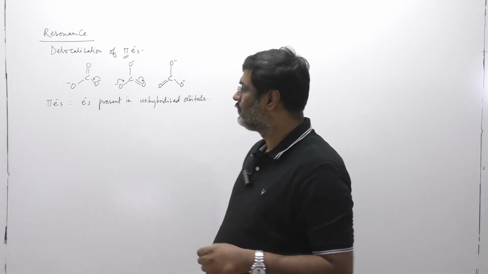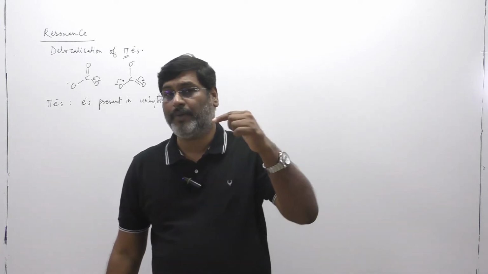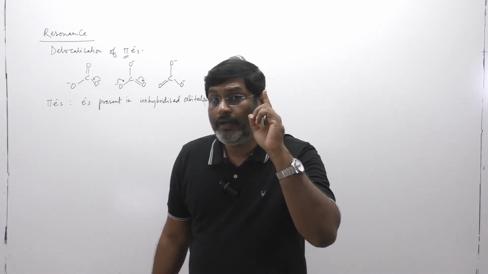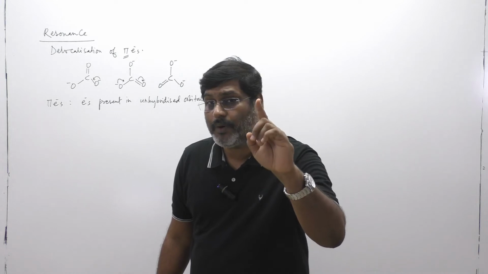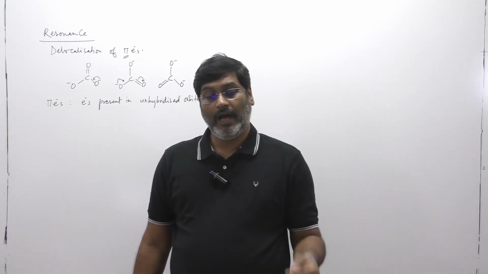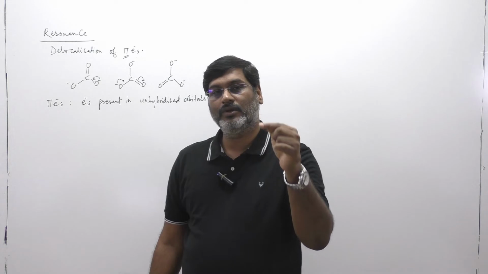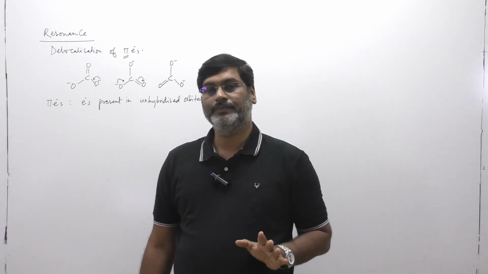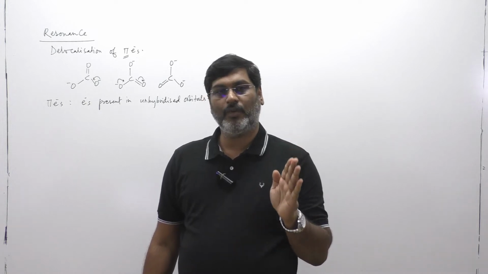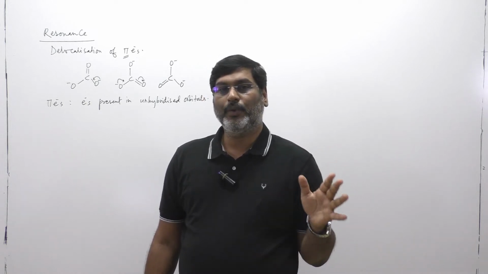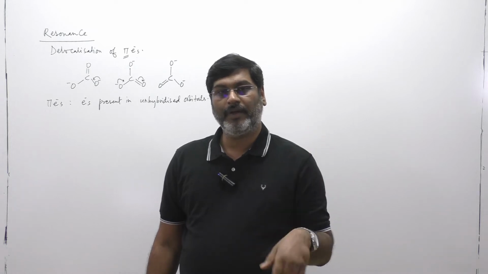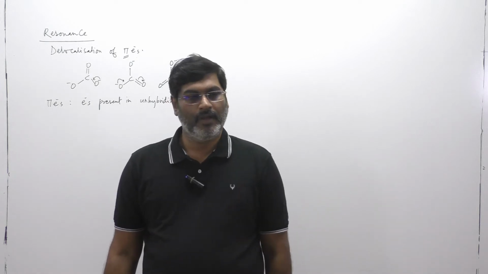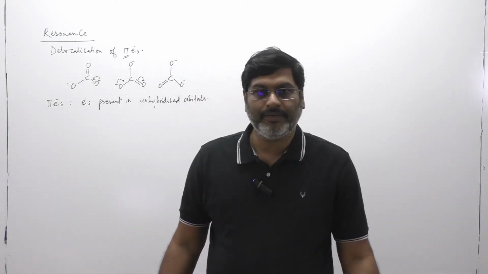Only unhybridized orbitals form pi bonds. Hybridized orbitals always form sigma bonds. Unhybridized orbitals only undergo lateral overlapping to form their pi bond. Okay, so then your point is correct.